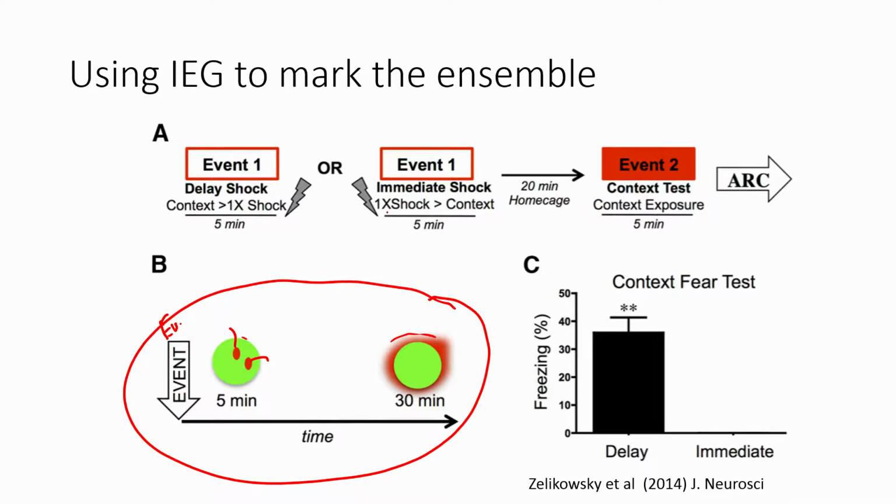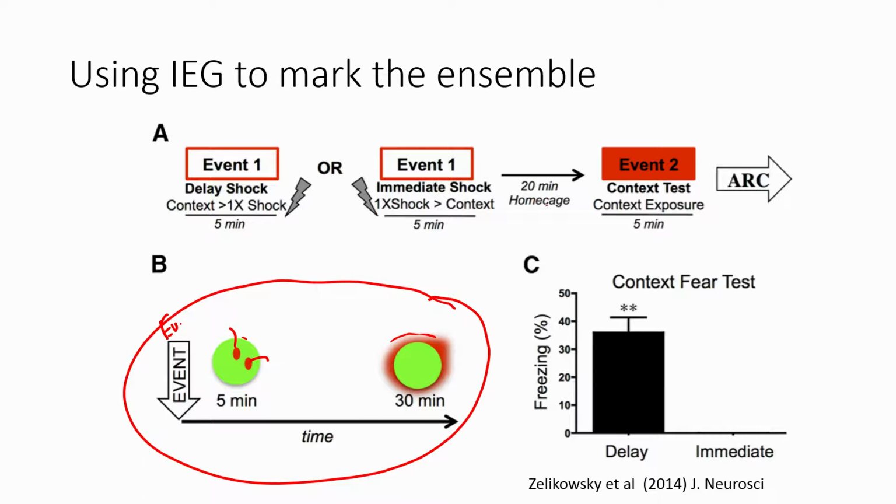We know when you test these two groups, the first group shows freezing, shows an association of the context with the shock, while the second group has not had the ability to make that association, because the context memory itself was not formed during the time when the shock was given. So, there is nothing for it to associate with in terms of the context.